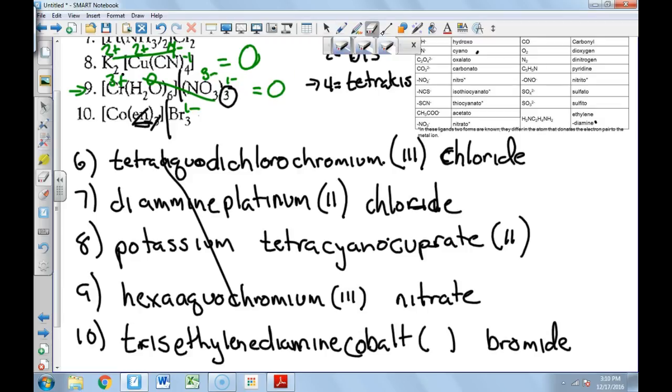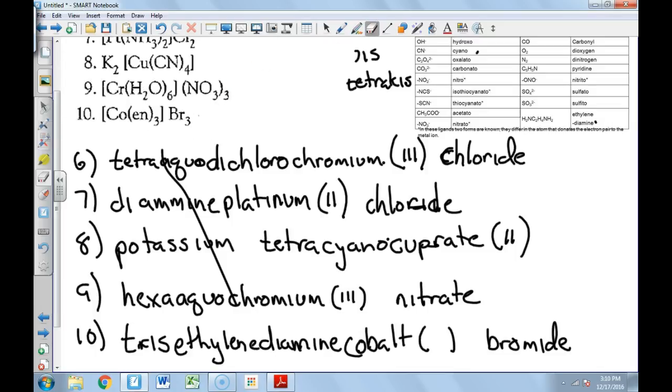So this is 1-, so that means there's 3-, because there's 3 1-. That's going to add up to 0, because it's a compound, it has to add up to 0. Now ethylene diamine has a 0 charge.